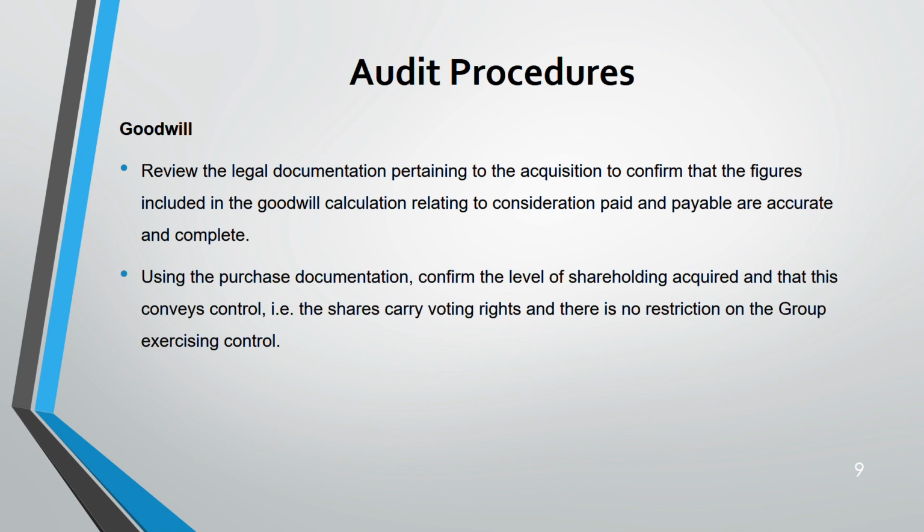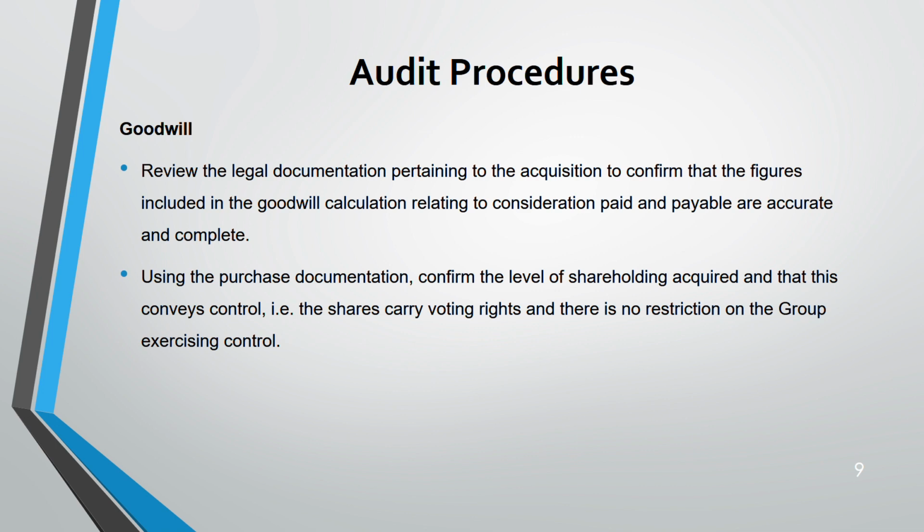Next, purchase documentation. Because you have made an acquisition, through your purchase documentation you can see how much shareholding you have acquired: 30%, 40%, 70%? Why? Because it tells you whether you have acquired control or not.